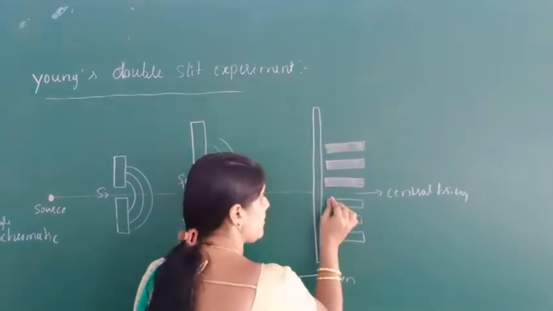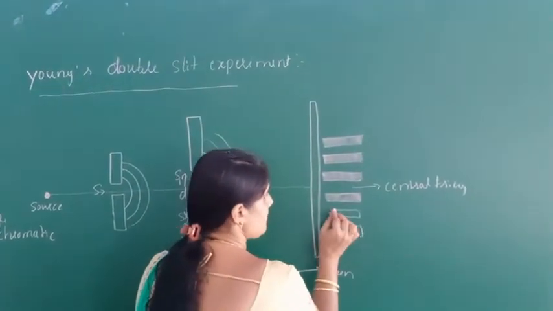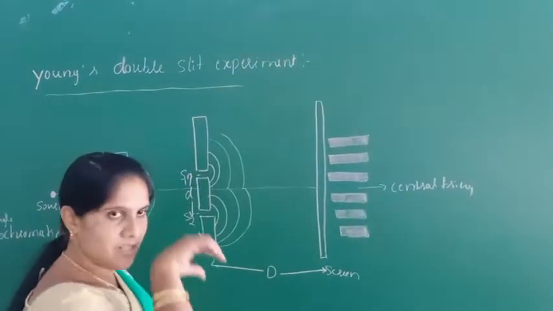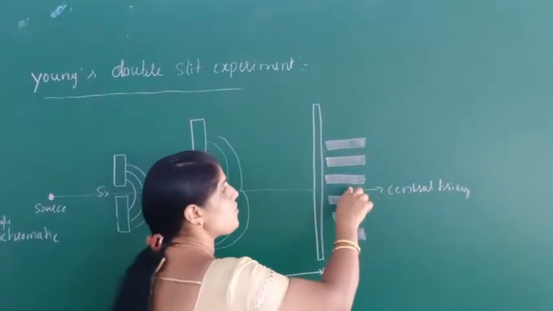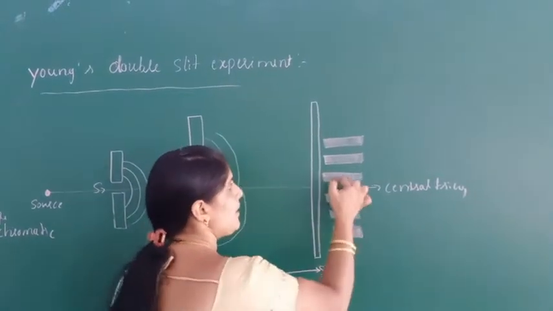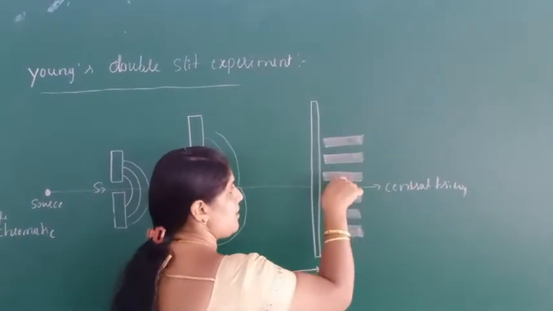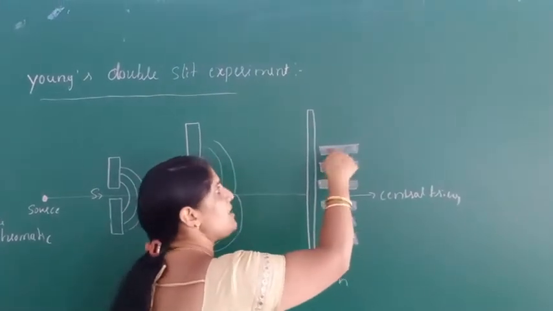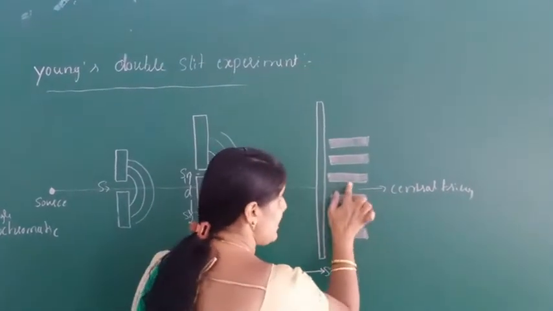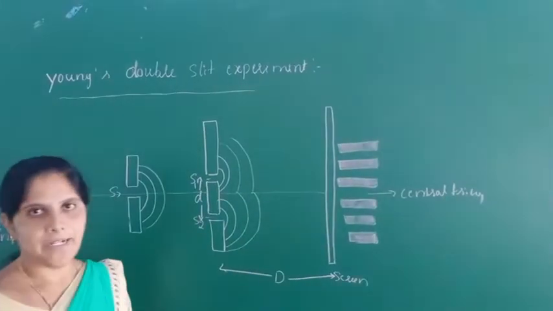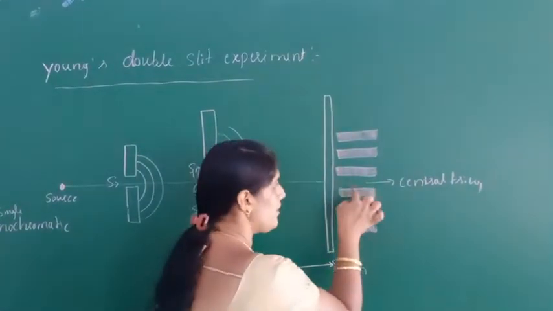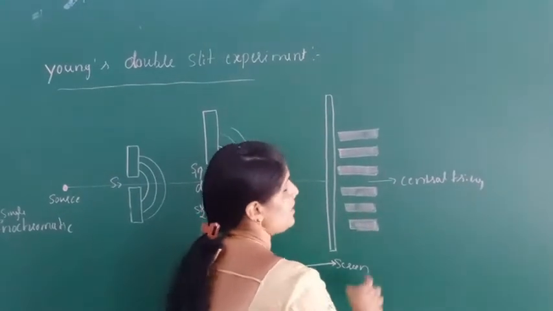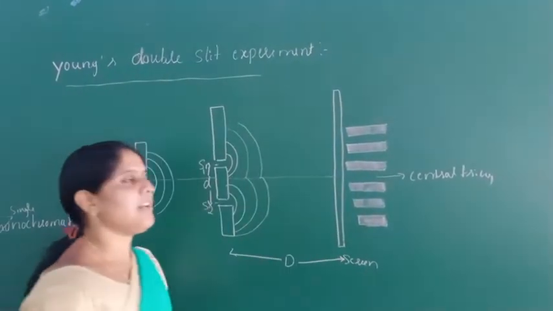So the interference pattern consists of alternate dark and bright fringes. Here one is a dark fringe, another one is a bright fringe, again dark fringe, bright fringe, dark fringe. But the central fringe is always bright. Like this the interference pattern is obtained.